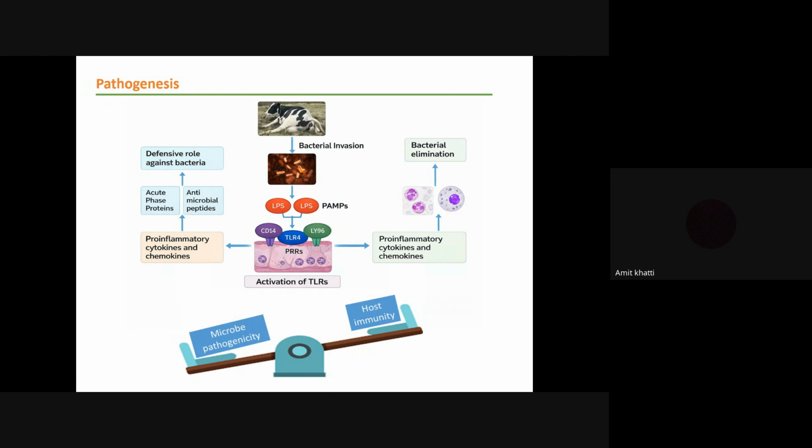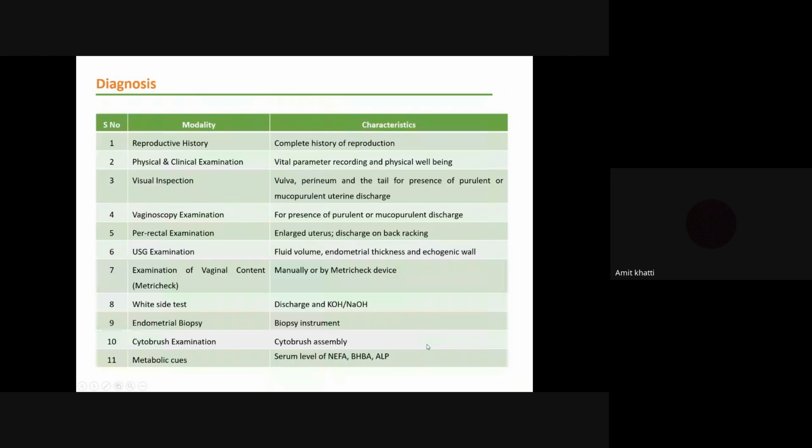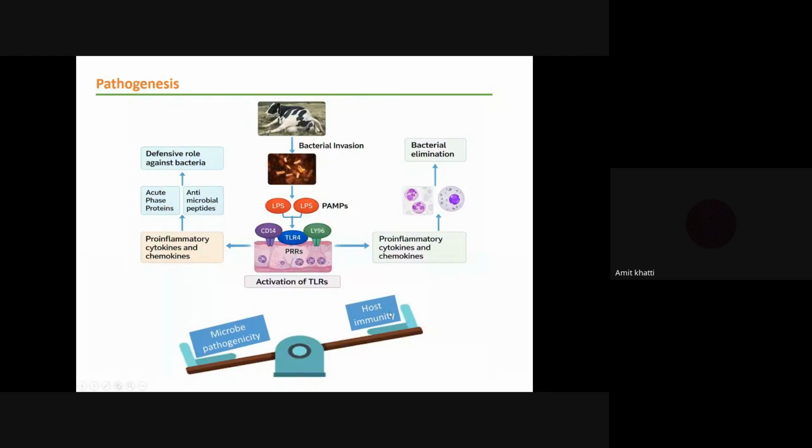And finally, they will mitigate the bacterial invasion. Bacterial invasion will be there, but colonization of the microbial organism will be prevented. So this is how the normal uterus is supposed to work. But due to predisposing factors or the managemental condition, if we are not able to maintain uterine defense or host immunity on the higher side, then microbial pathogenicity will win, and the animal will develop uterine infection.